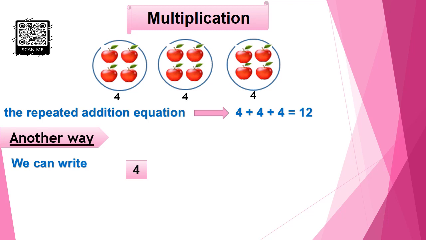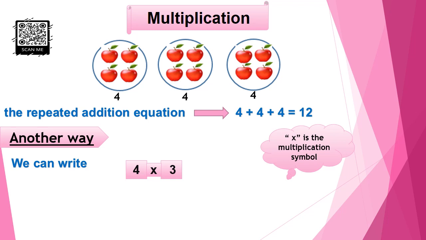I will write 4, then the symbol of multiplication. Do you know the symbol of addition? It's a plus. But the symbol of multiplication is called times. So we will say 4 times. How many times did I repeat 4? 3. So 4 times 3.